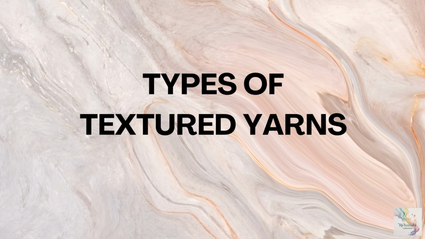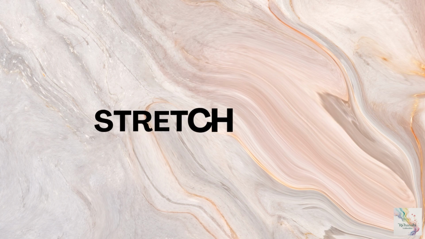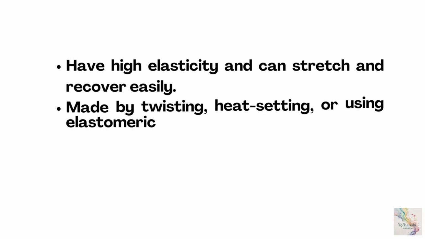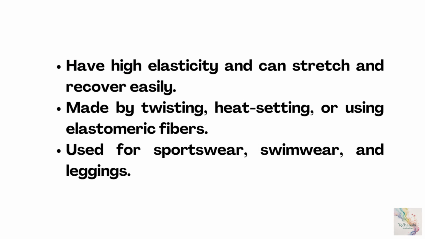Types of textured yarns. Stretch yarns have high elasticity and can stretch and recover easily. Made by twisting, heat setting, or using elastomeric fibers. It is used for sportswear, swimwear, and leggings.